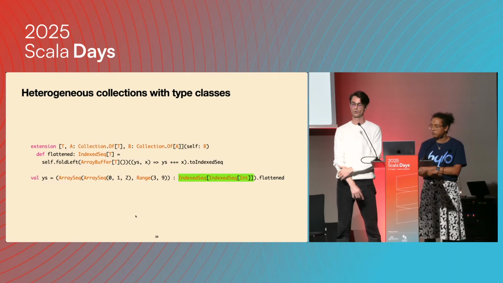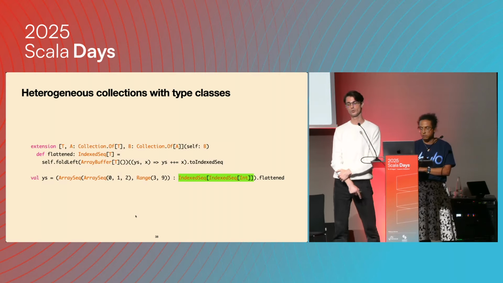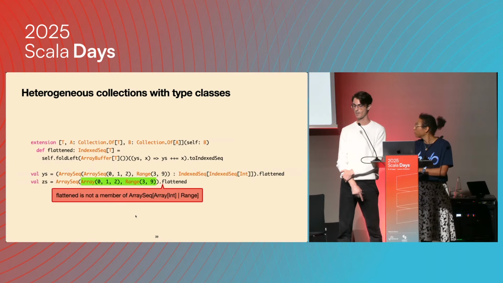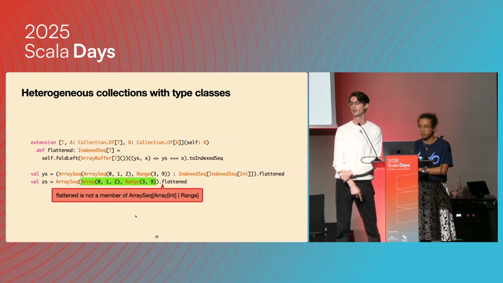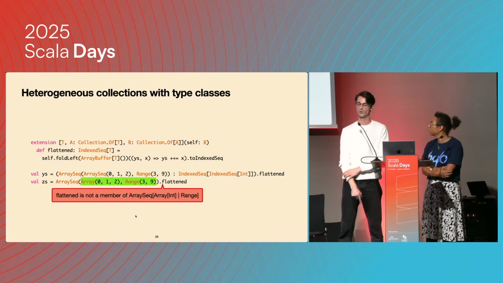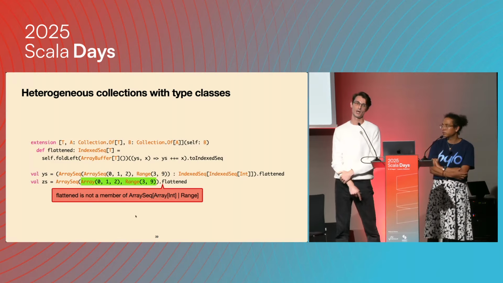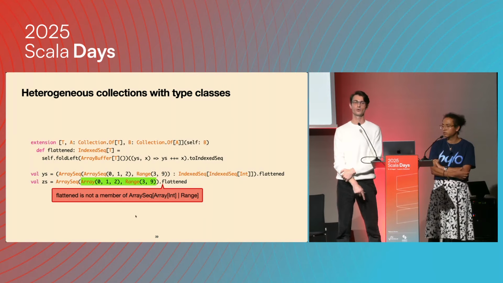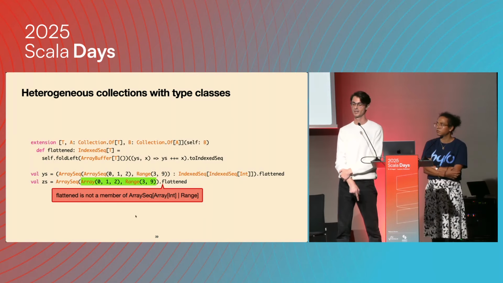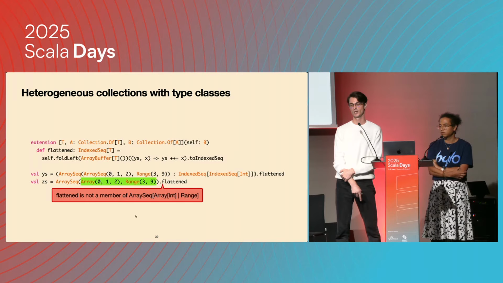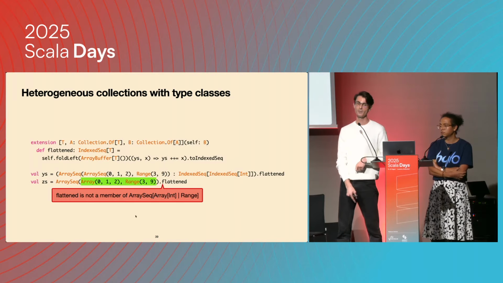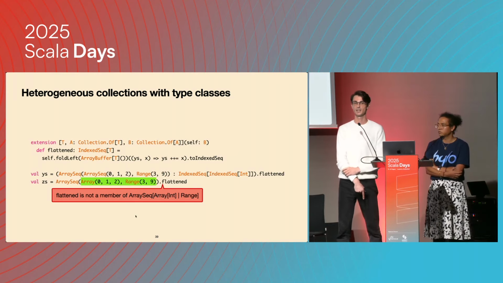We're still able to apply our functions to the same arguments in the type class-based approach, because there is a common supertype of array sequence and range for which there exists an instance or a witness that this supertype is a collection. However, if we were to try to apply this same algorithm with an inner sequence that is an array, for which there exists a witness that it is a collection, we would run into trouble.